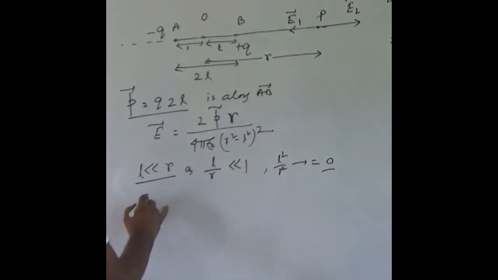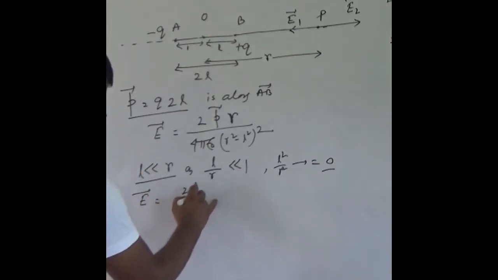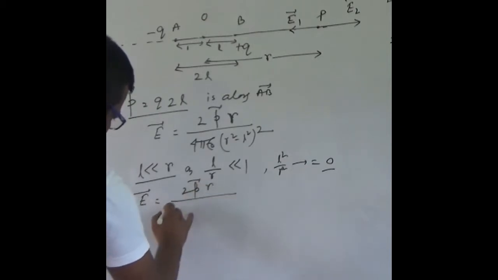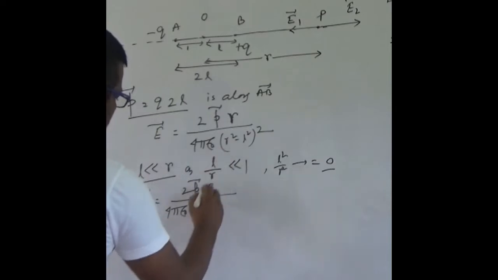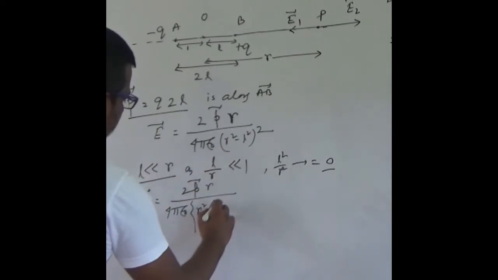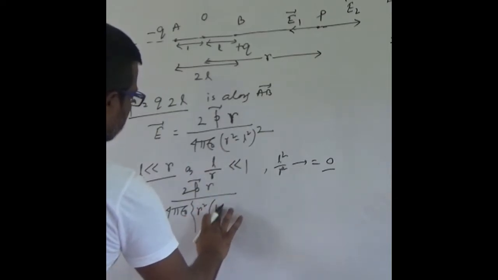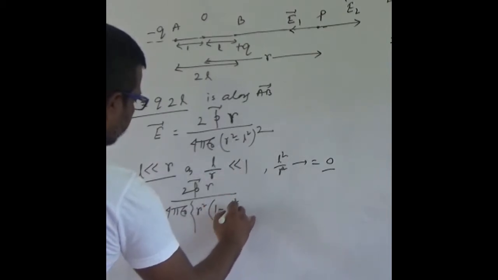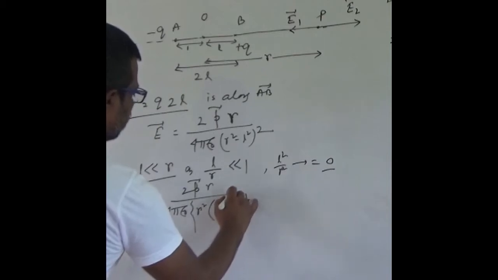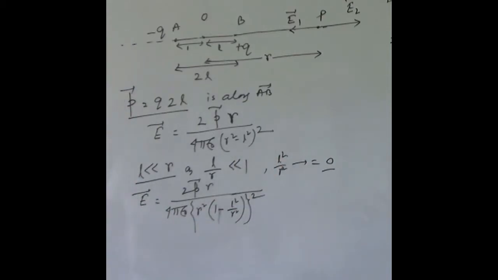For that case you can write E equals 2PR divided by 4 pi epsilon naught. Here we are taking common R square, then in the bracket 1 minus L square by R square, this, right?